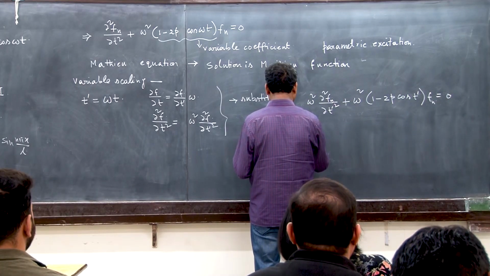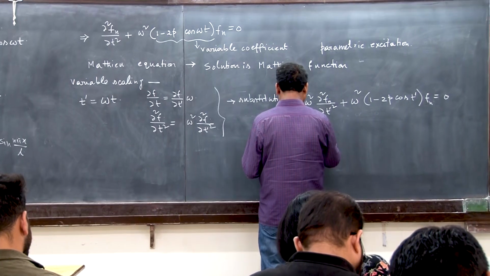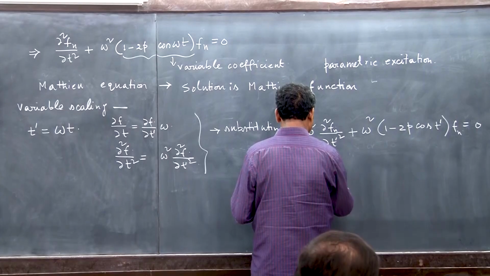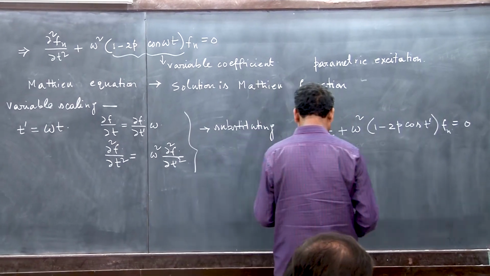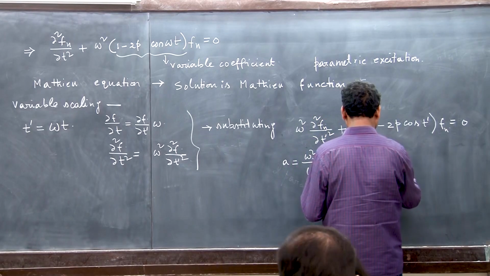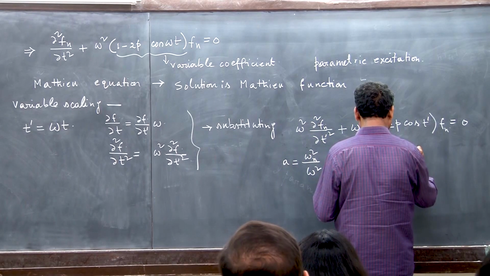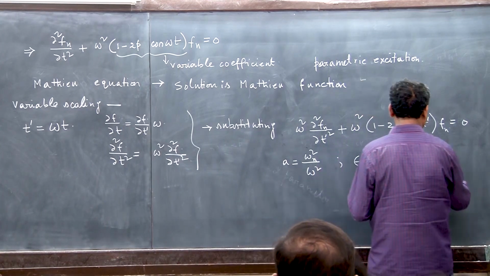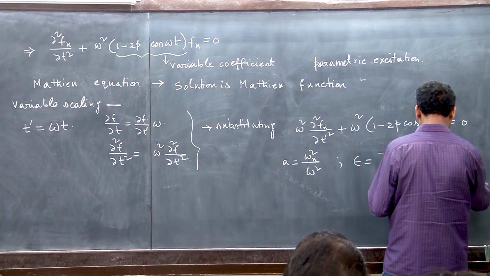And then we can define a parameter a as omega n square by omega square, and epsilon to be minus 2p omega n square by omega square, so it is minus 2 small p a.